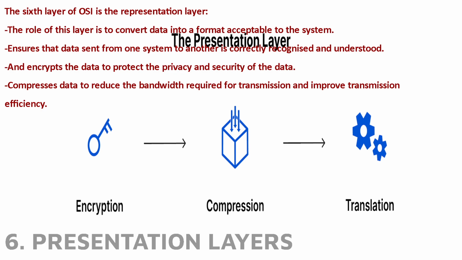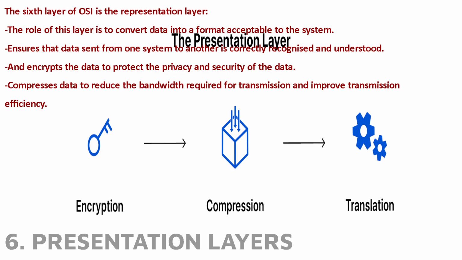It compresses data to reduce the bandwidth required for transmission and improve transmission efficiency. So it helps to protect the data and it can reduce the bandwidth required and keep the data's quality and efficiency.